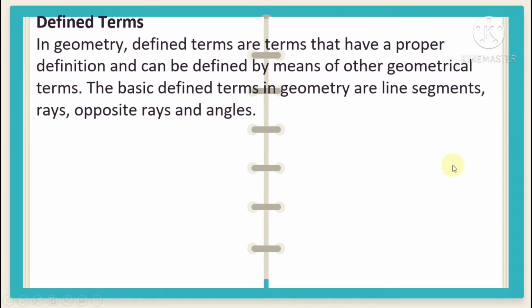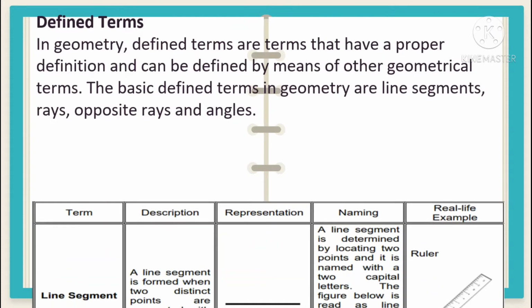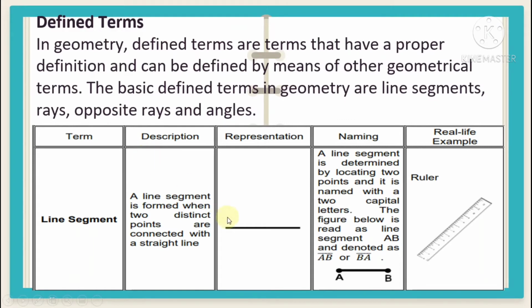Let us proceed now to defined terms. In geometry, defined terms are terms that have a proper definition and can be defined by means of other geometrical terms. The basic defined terms in geometry are lines, segments, rays, opposite rays, and angles. This is a line segment. A line segment is formed when two distinct points are connected with a straight line.